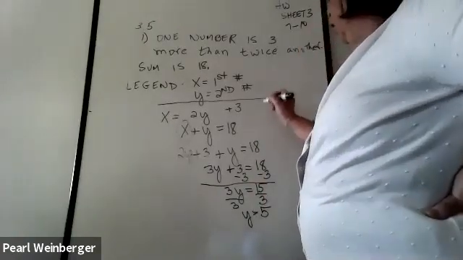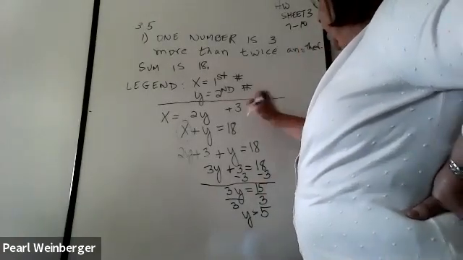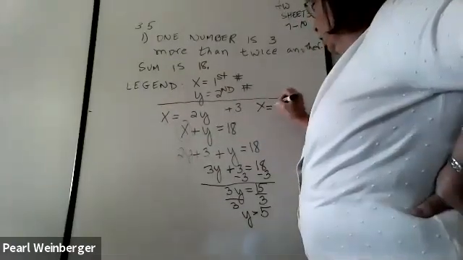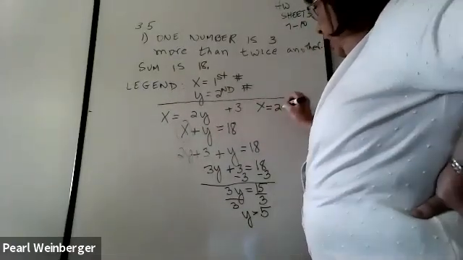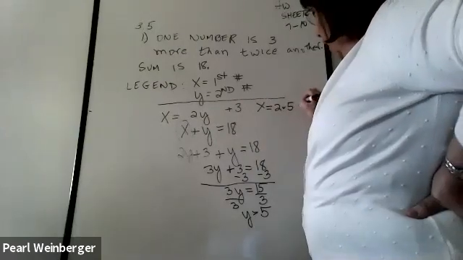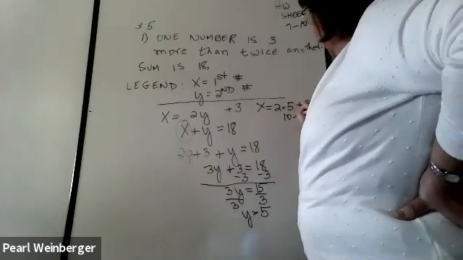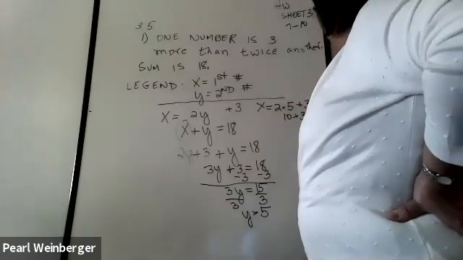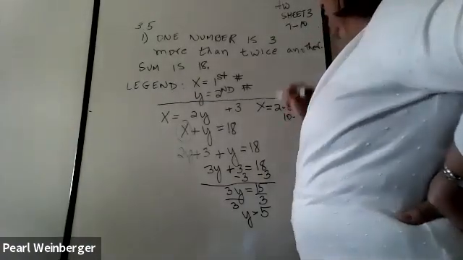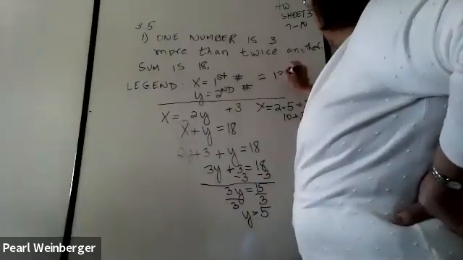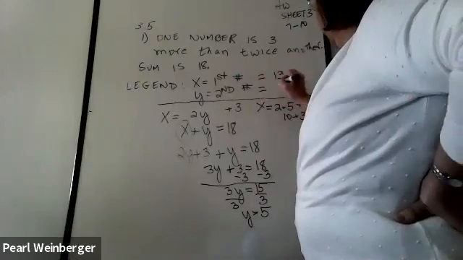And since I know that y equals 5, I can now take this equation and say x equals 2 times, well, my y is 5, plus 3, which gives me 10 plus 3 is 13. So we get that my first number is 13, and my second number is 5.